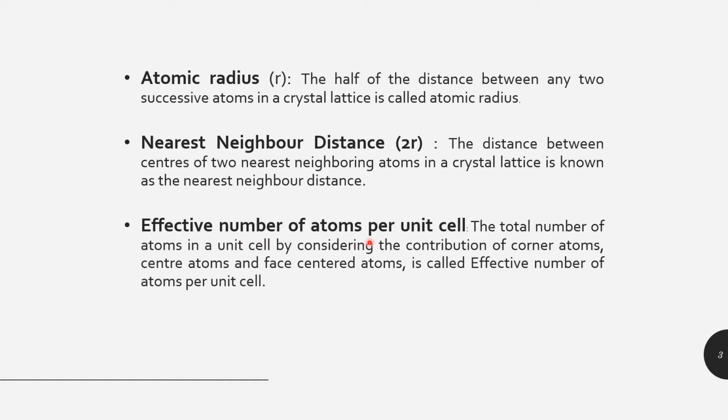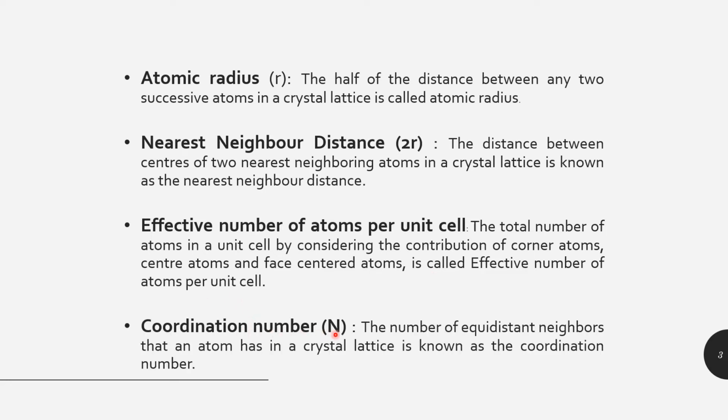Effective number of atoms per unit cell. The total number of atoms in a unit cell, considering the contribution of corner atoms, center atoms and face-centered atoms, is called the effective number of atoms per unit cell.